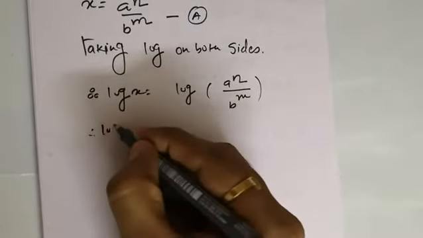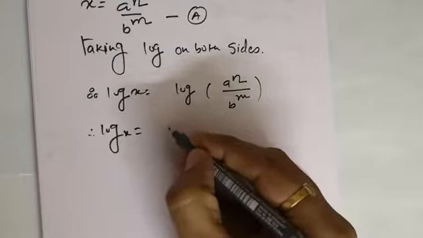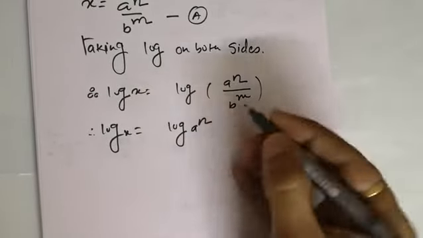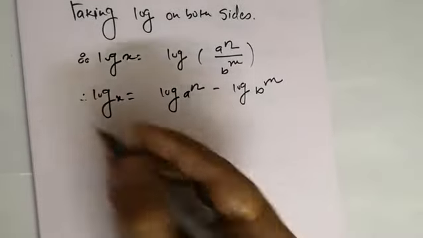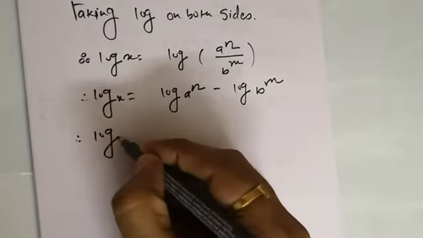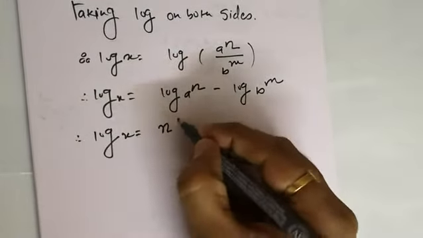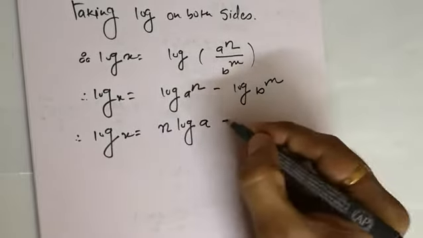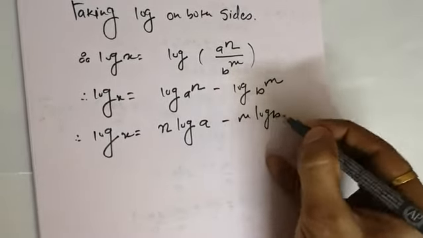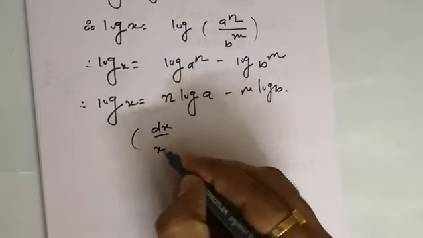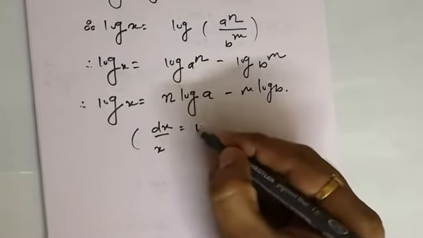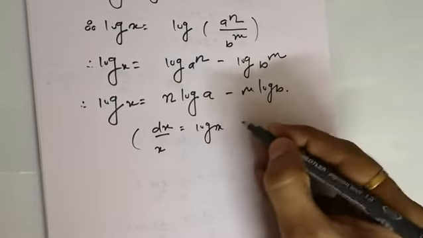So I may have log of x is equal to log of a to the power n minus log of b to the power m. But as per our notation, log of x is n log a minus m log b. In future you will be aware that it is called a log notation. dx by x is called d log x.